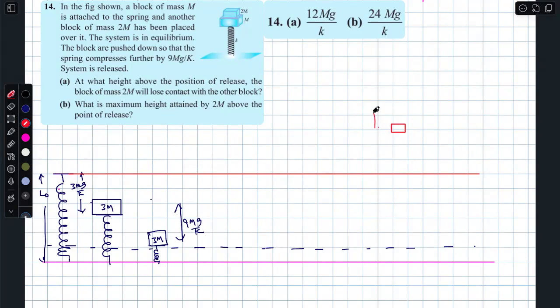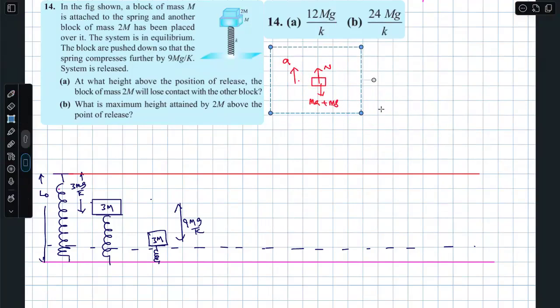Now see, remember it will have an acceleration a up, pseudo force ma, plus weight and normal reaction. Now tell me, in this zone, is it possible for normal reaction to be zero on any of the blocks?